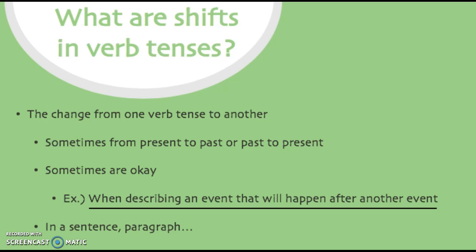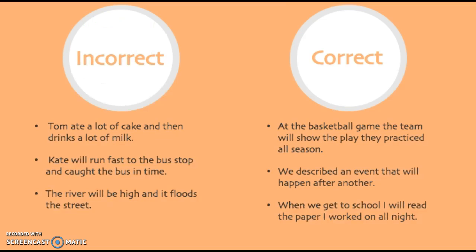Okay, so shifts in verb tenses can be seen in a sentence, paragraph, as you're reading a story, in very different places in a text, but today we're going to be looking at different sentences. Alright, so let's look at some incorrect and correct verb changes in the tense. So we have to remember what we talked about before, and we're going to pose a question with the rule that we read on the last slide.